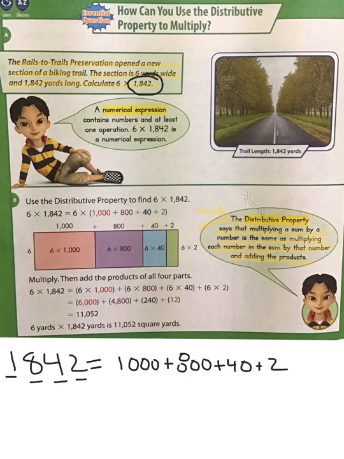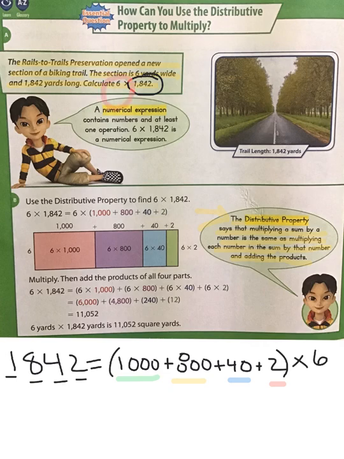Once you break apart that number and make it into expanded form, you are then going to multiply each separate part by whatever number we are multiplying by. And if we look up in the problem, our number is 6.